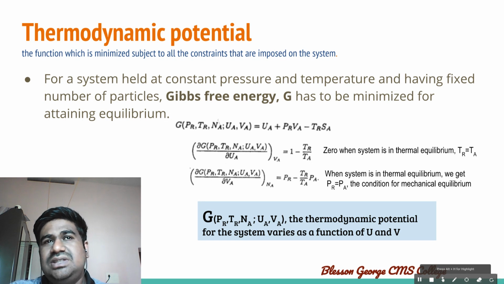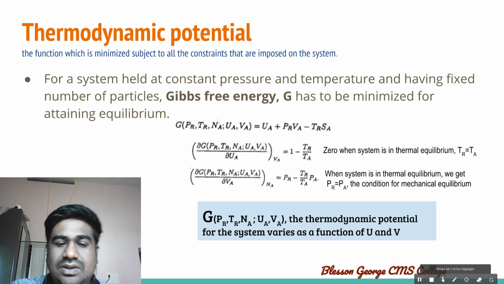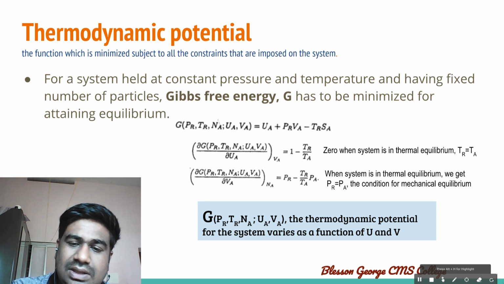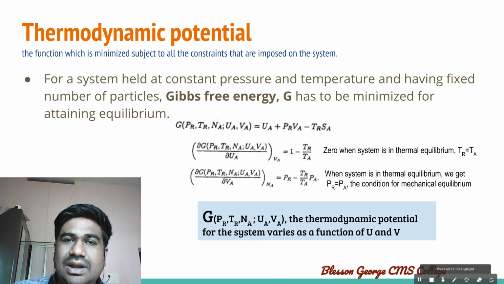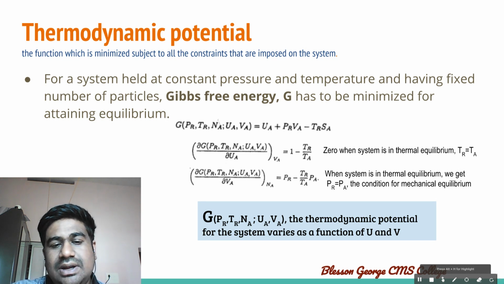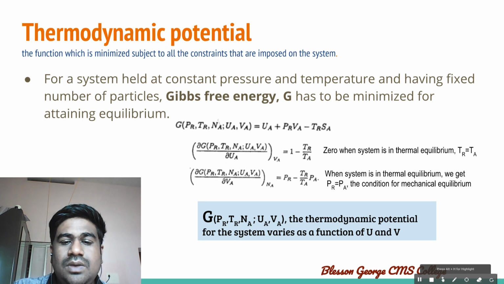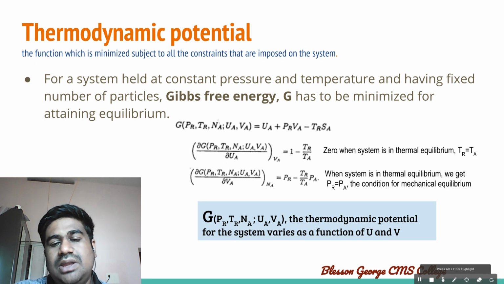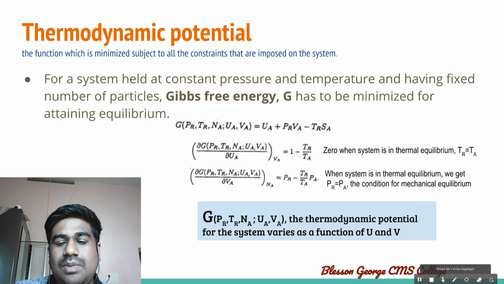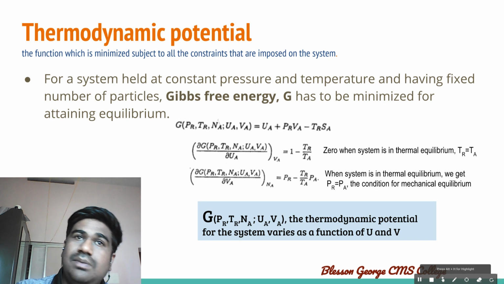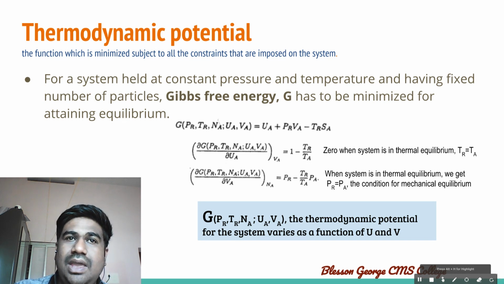When we take the first derivative of Gibbs free energy with respect to energy, we will get 1 minus Tr by Ta, and if the system is in equilibrium, Tr is equal to Ta and the derivative becomes 0, that means G is minimum. Also, if we take the derivative with respect to volume, we will get Pr minus Tr by Ta into Pa. Since they are in thermal equilibrium, Tr by Ta is 1. If they are in mechanical equilibrium, Pr is equal to Pa.